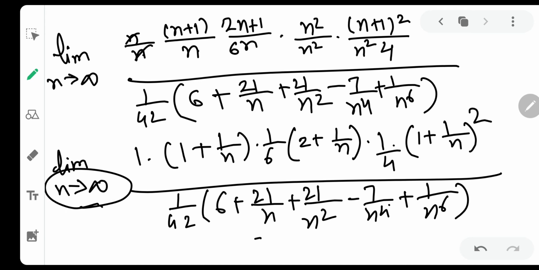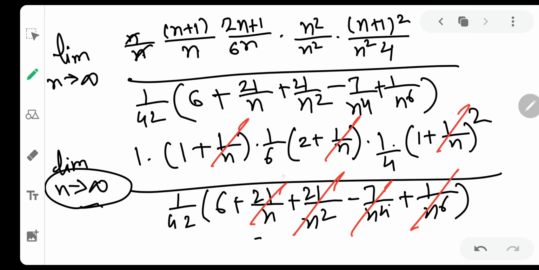As n is tending to infinity, if n is present in the denominator, then it will turn to 0. So 1 by n is 0, 21 by n is 0, 21 by n square, 7 by n raised to 4, 1 by n raised to 6, all are 0.